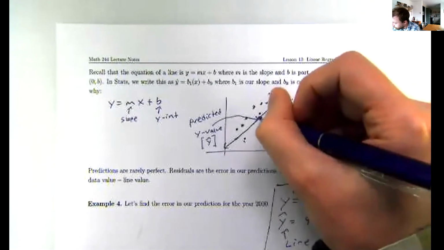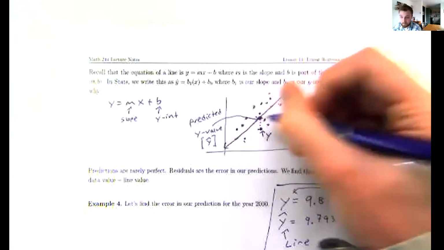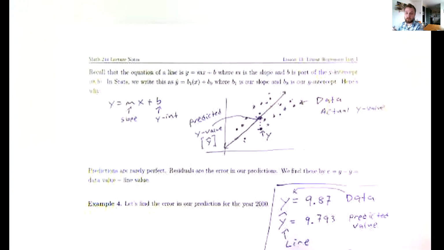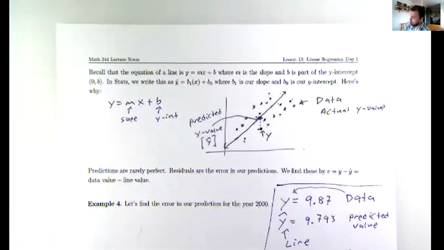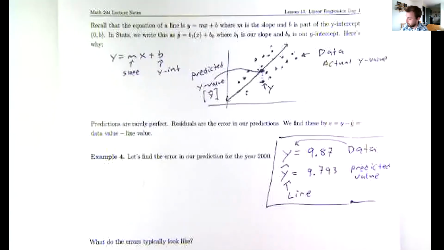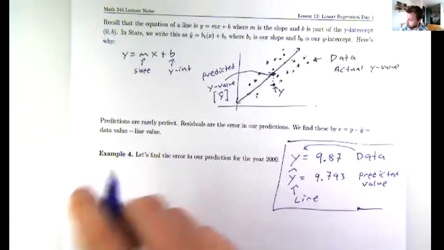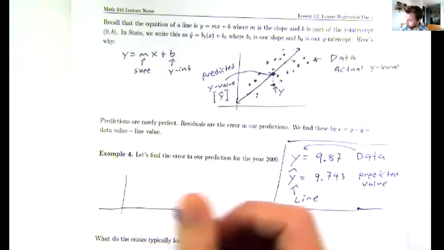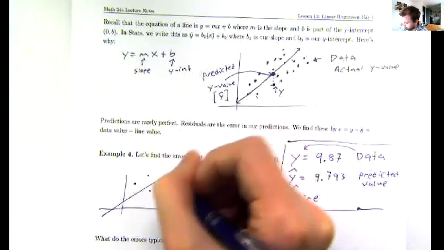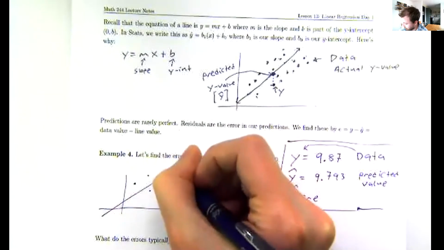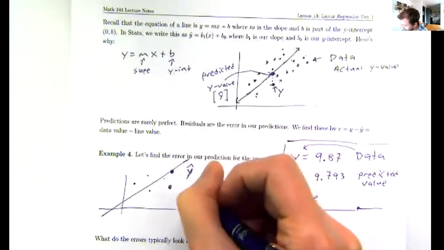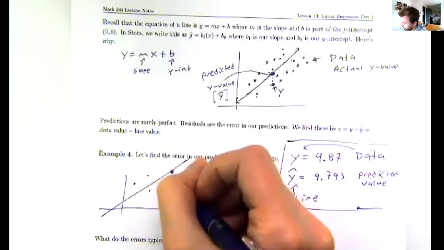And there's some error that happens between what I am actually getting and what I'm anticipating I get. And this amount that I'm off is called the residual. So what's going on is I have my predicted y value and my actual y value.